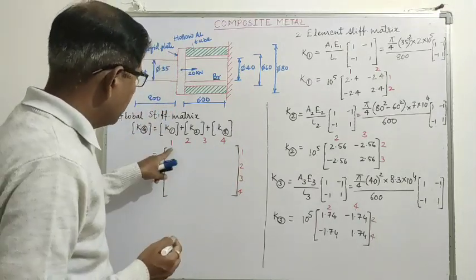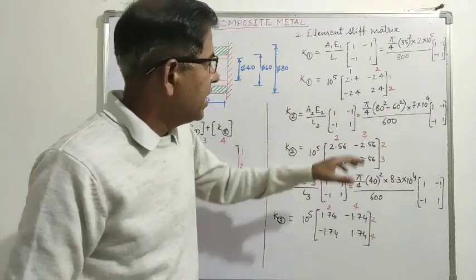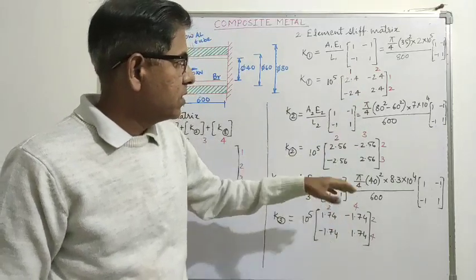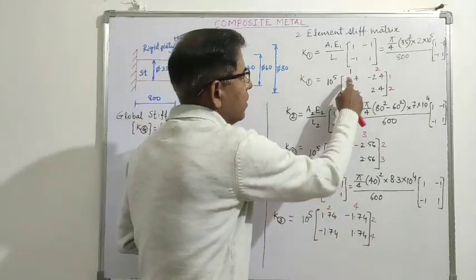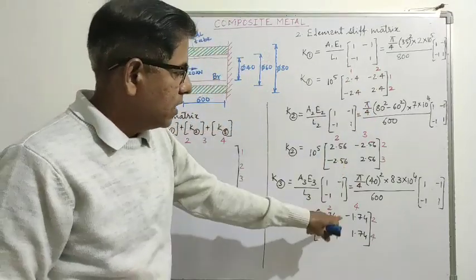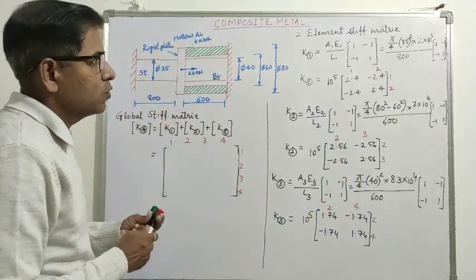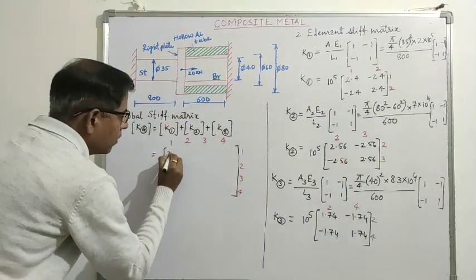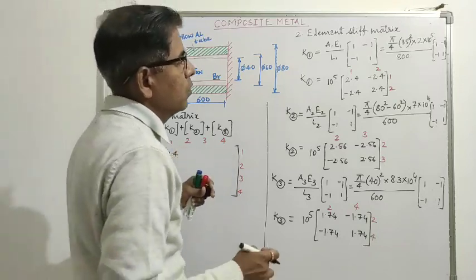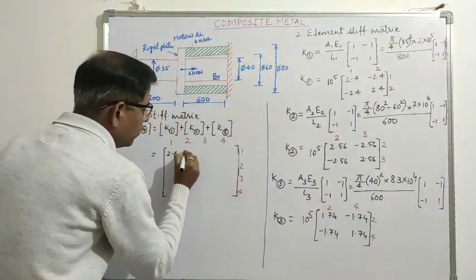Now row number 1, column number 1. We identify the values from these three matrices. At row 1, column 1, there is only one value, that is 2.4. In the other two matrices there is no row 1, column 1, so it will be 2.4. Now row 1, column 2 is minus 2.4.